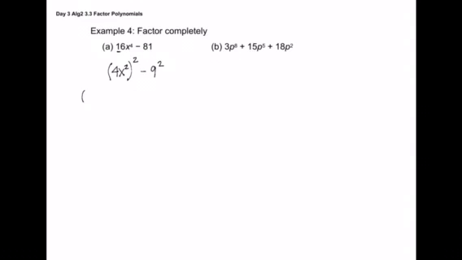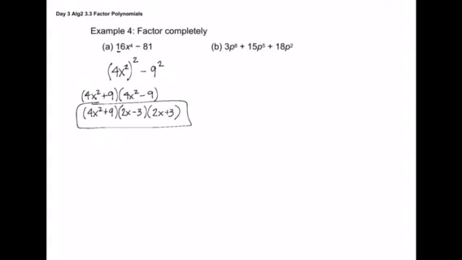I know the difference between two perfect squares is a plus b and a minus b. Four x squared plus 9, can't go any further. I recognize this is the difference between two perfect squares, so I have 2x minus 3, 2x plus 3, and I have just factored this polynomial completely.